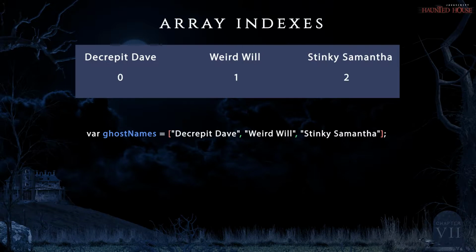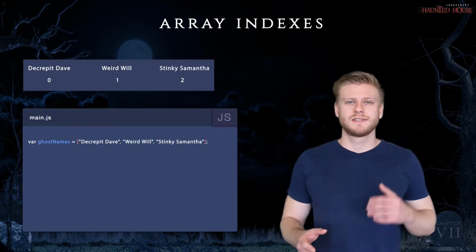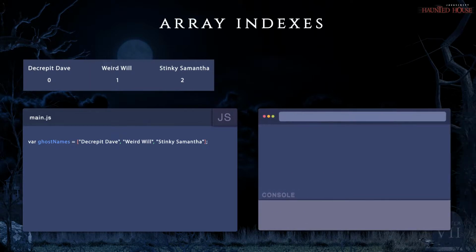The index count starts from 0. This is the way that indexes are placed inside an array. We use indexes to access elements inside an array. So, if we type the name of the array and the index we want to access inside brackets, it returns the value of that index.